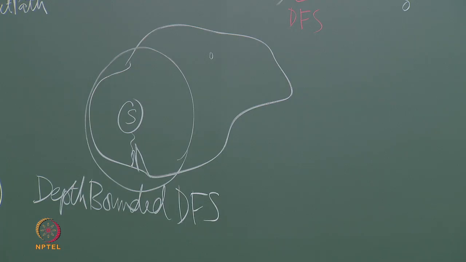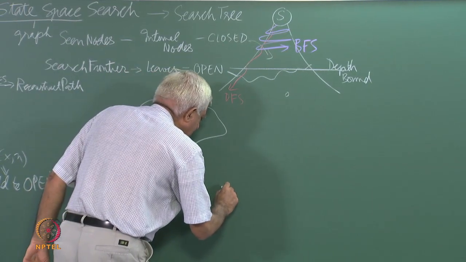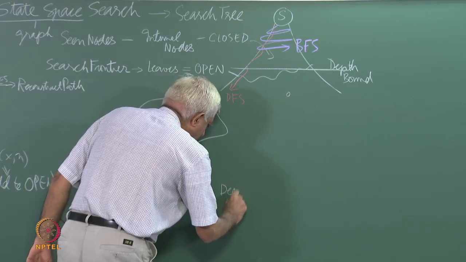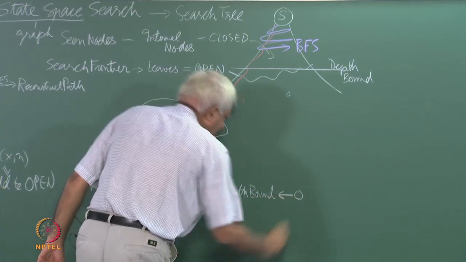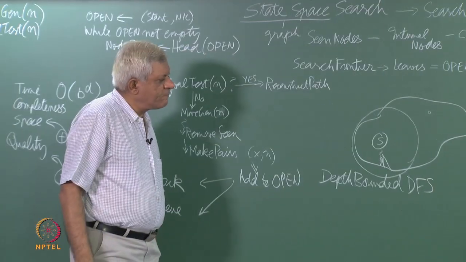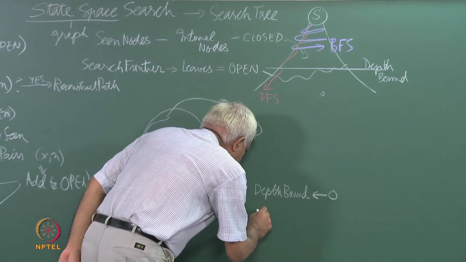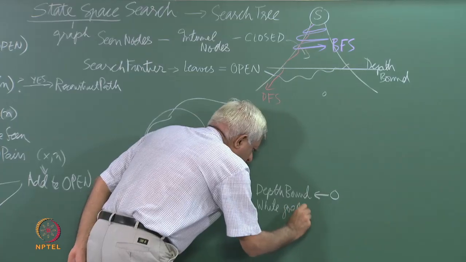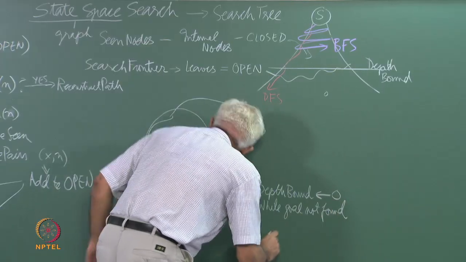Now, let us do a variation. Let us have an algorithm in which we say depth bound is equal to 0. So, this is a new algorithm I am writing. We initialize depth bound to 0 and then we say while goal not found, do this algorithm.